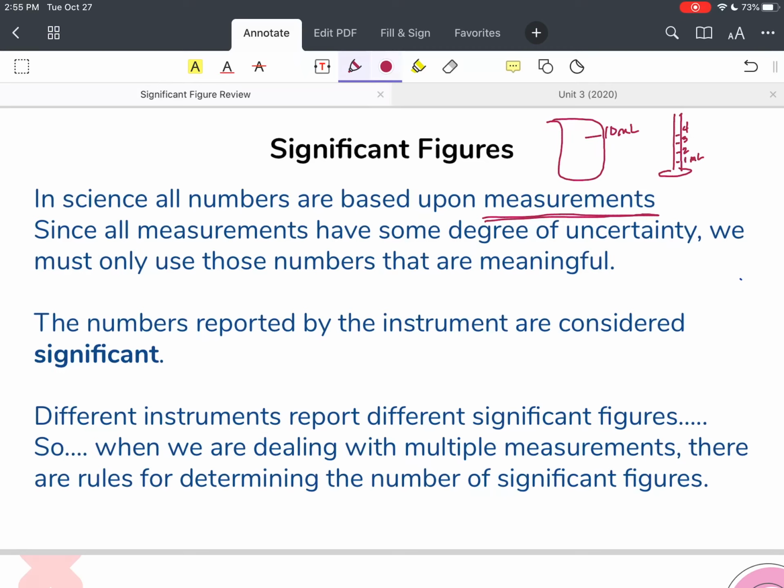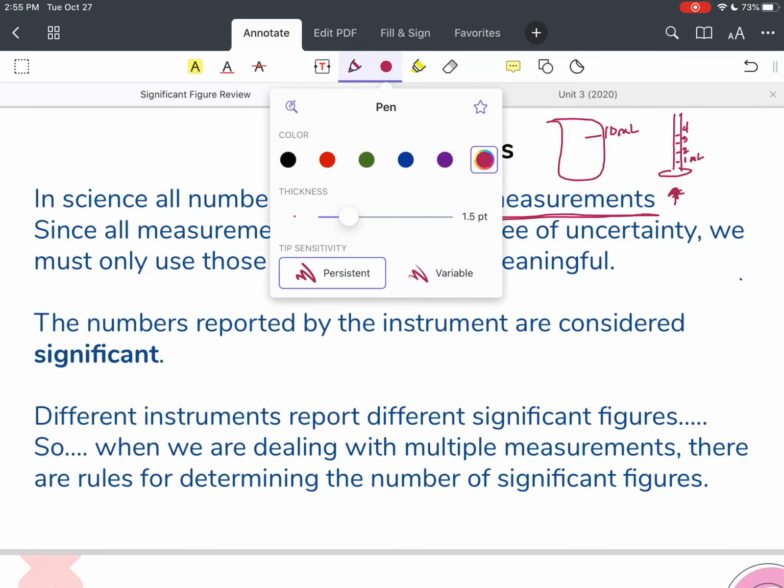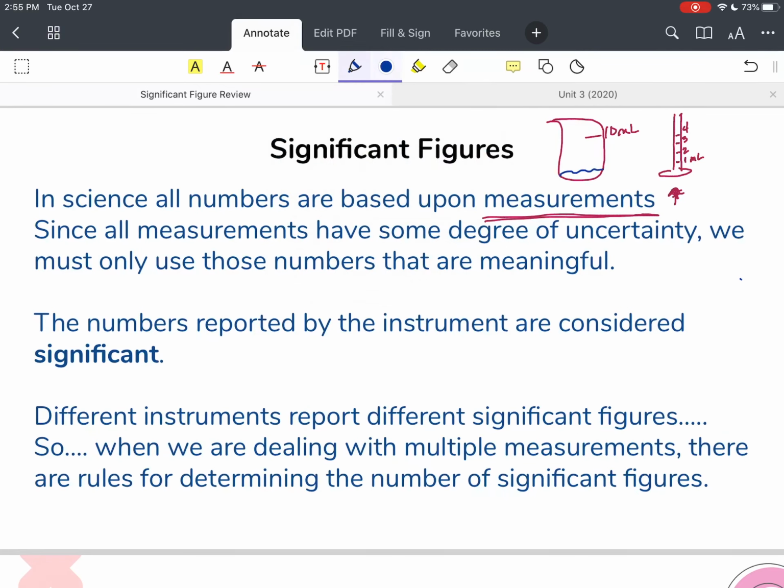Well, you would probably choose the graduated cylinder because it actually has markings, right? You could guess about 1 milliliter might be somewhere in there, right? So if I told you to write down your measurement, you would probably write 1 because you're guessing, right? You're guessing that it's 1.